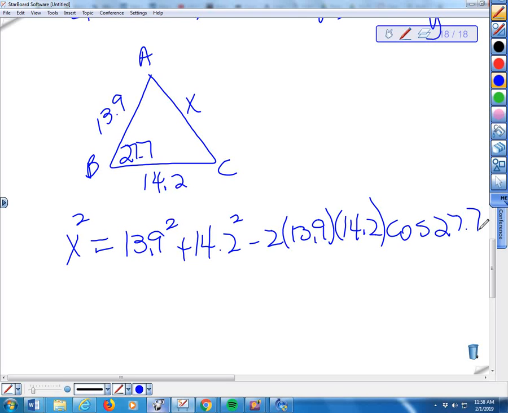Whatever answer I get on the right, I have to take the square root of to get the answer for x. 13.9 squared plus 14.2 squared minus 2 times 13.9 times 14.2 times cosine of 27.7. So I get 45.3. Then I take the square root of that to get 6.7. Is that an answer? Yes, letter A.